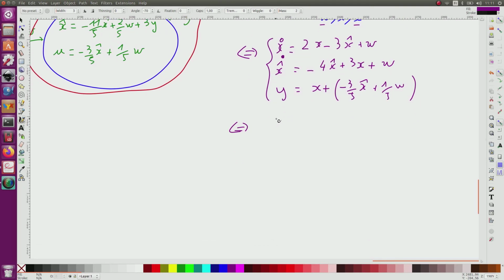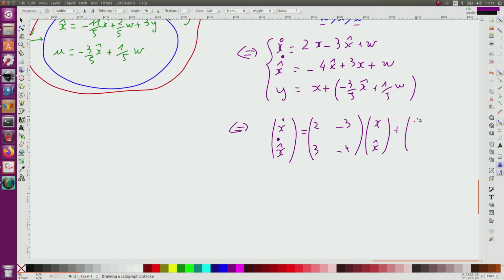So I will have x dot, x hat dot equal, so I will have the matrix 2 minus 3, 3 minus 4, times x, x hat, plus 1, 1 times w, and I will have y equal 1 minus 3 divided by 5 times x, x hat, plus 1 divided by 5 w.